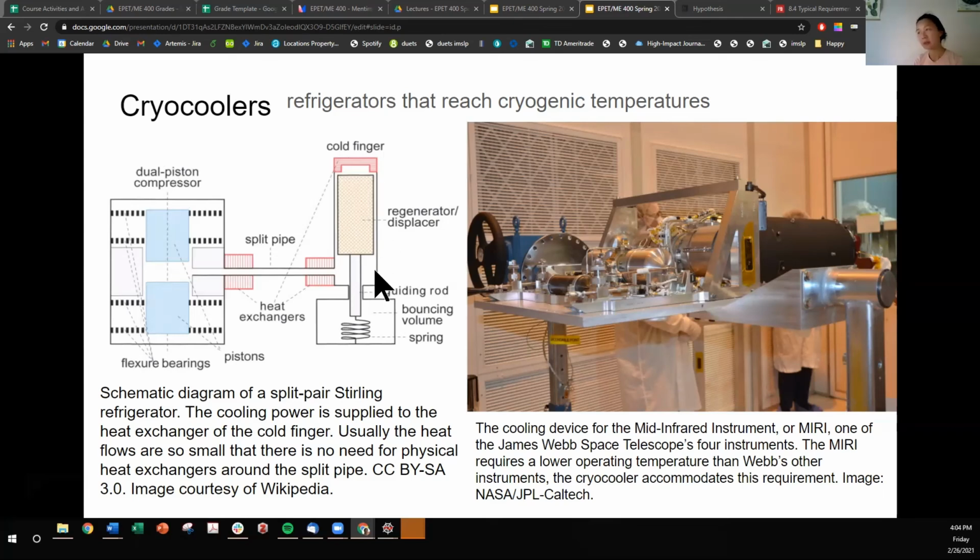I didn't do a great job explaining it, but what you're going to see is this fingertip, this cold finger, that's going to be very cold, and that's mounted to your payload, your instruments, your optics, and then you'll probably get a bunch of excess heat.